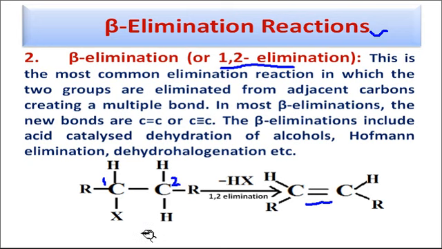The two atoms eliminated from this molecule are present on carbon atom number 1 and carbon atom number 2. These are adjacent carbon atoms, so it is also called 1,2 elimination, and due to this elimination there is the formation of a double bond in the product. So this results in an unsaturated hydrocarbon as the product.